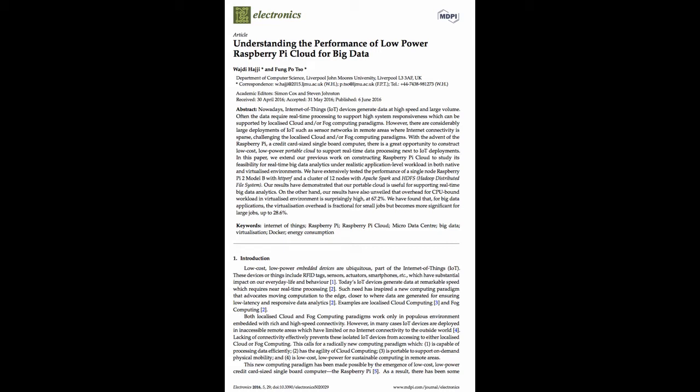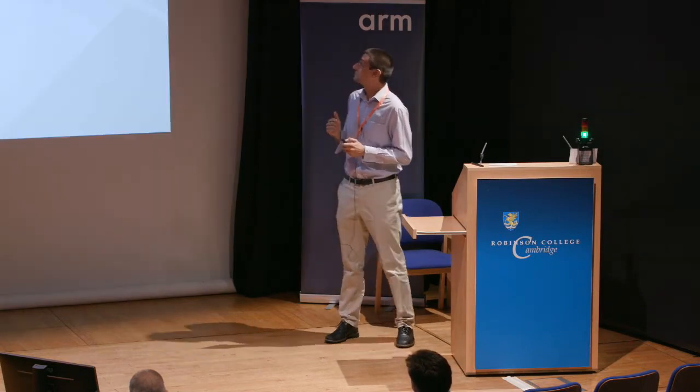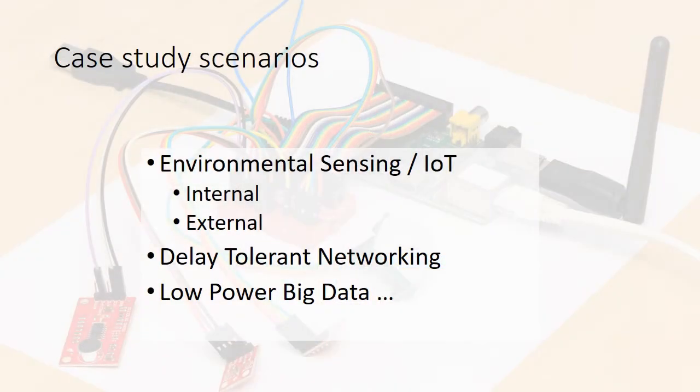Our colleagues at Liverpool John Moores University built a very slow Hadoop cluster running on an interpretive JVM with 100 Raspberry Pi nodes. So perhaps these Raspberry Pi clusters, these prototypical clusters, aren't really doing anything very useful, but we thought about other use cases and eventually settled on some of these things like environmental sensing, perhaps external weather stations or internal smart building monitoring and so on with Raspberry Pis, aggregating the data and doing some kind of processing on it at the edge of the network.